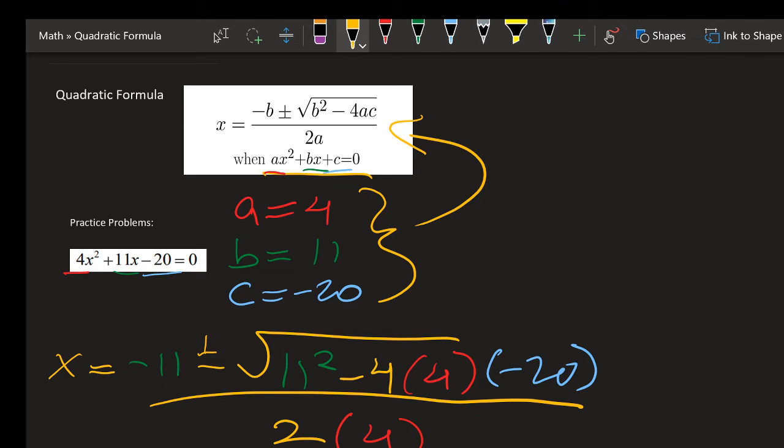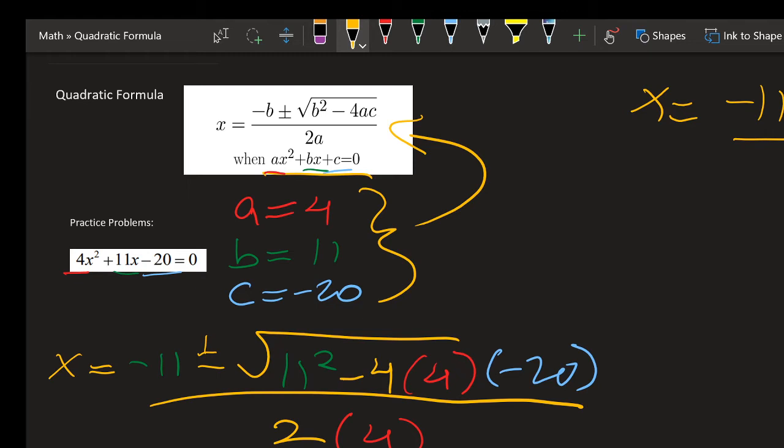And then we can simplify it more and say that x equals negative 11 plus or minus the square root of 441 over 8. Now, since the square root of 441 simplifies to 21, we can rewrite it as x equals negative 11 plus or minus 21 over 8.